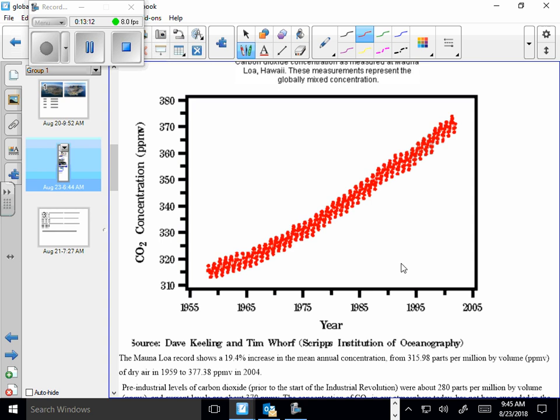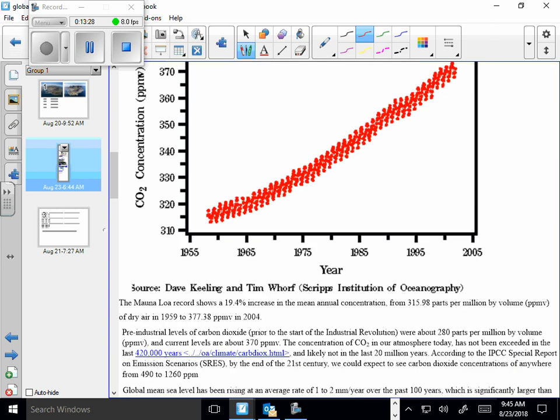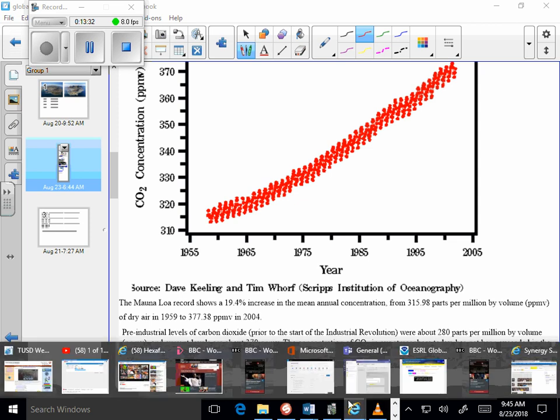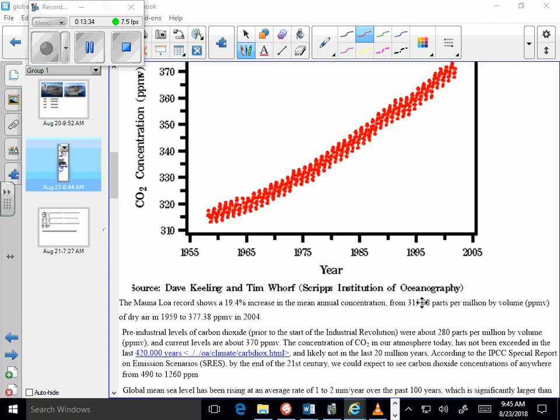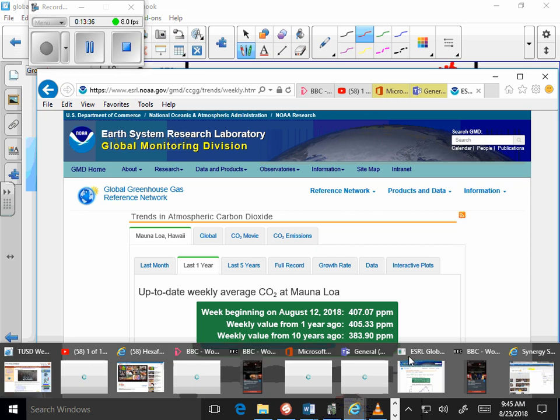And then you read the article, and many of you noted that the article data was a little concerning. And the article was not written this year. And if we go to the Mauna Loa website, which you can do, we find out that they update it all the time.